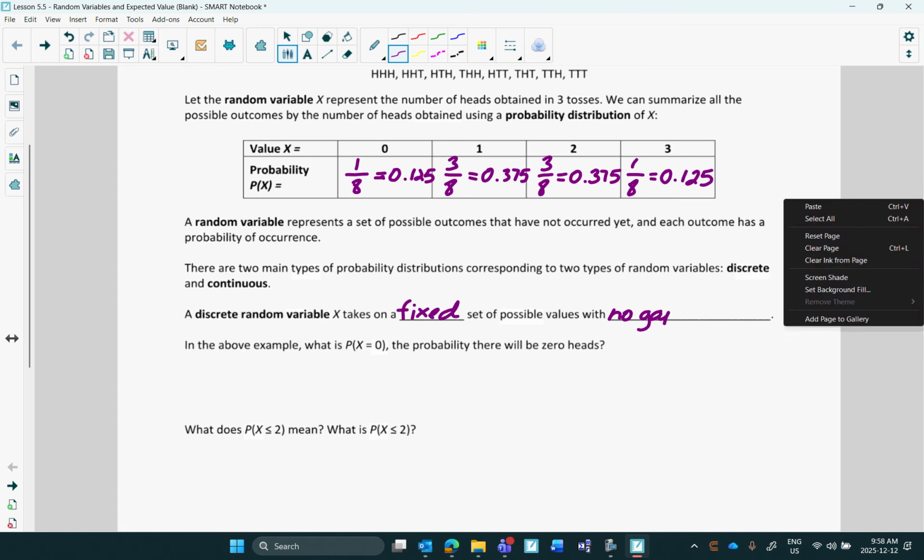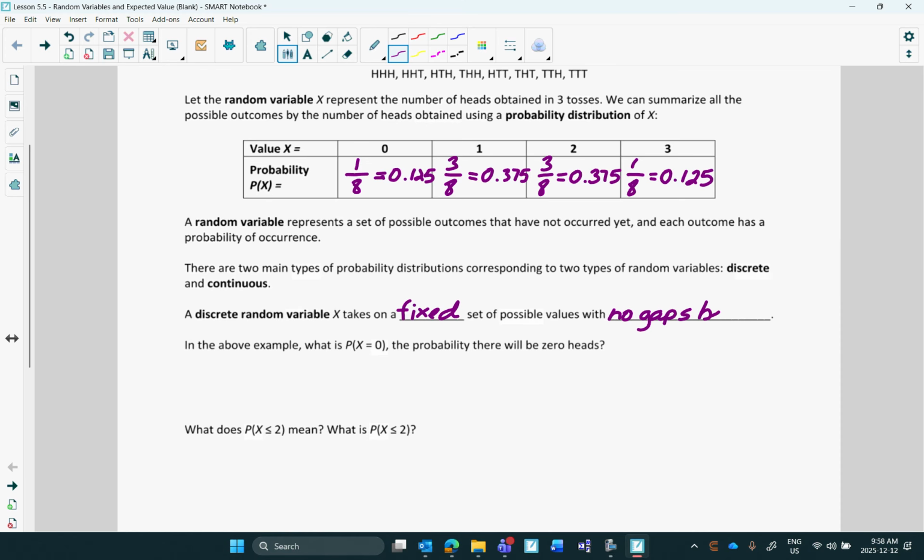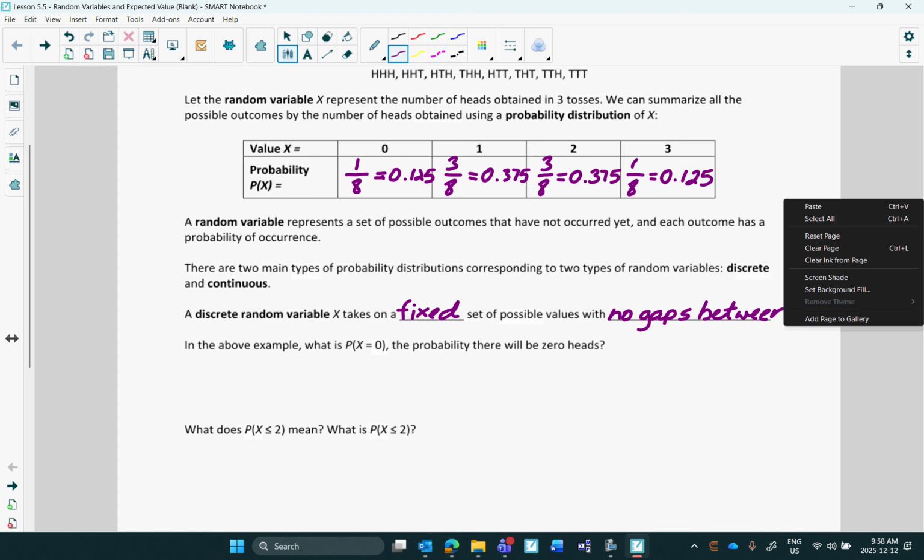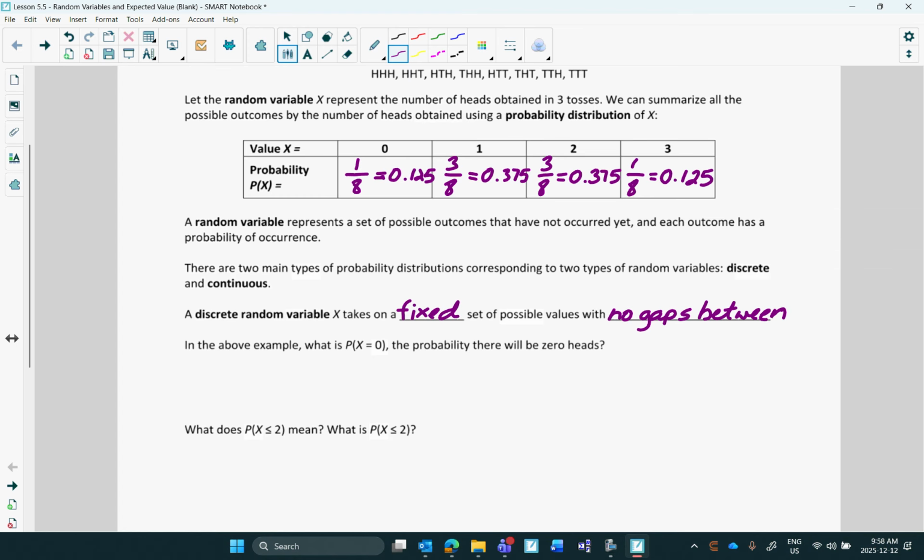Basically, what this means is that the possible values of the random variable are whole numbers. Like in this situation, there are 4 distinct or discrete possibilities: 0, 1, 2, 3.